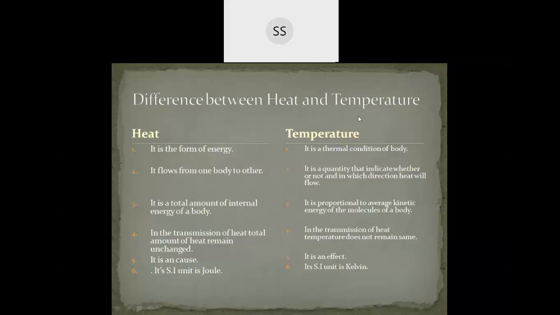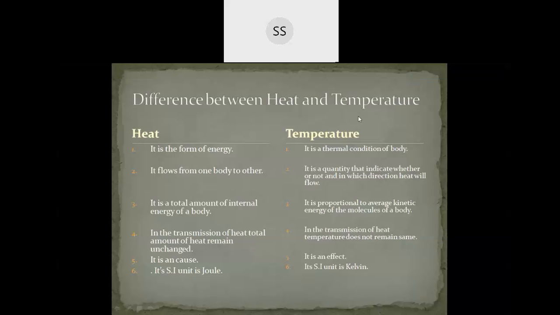The fourth difference is in the transmission of heat, the total amount of heat remains unchanged. See, heat is the total energy, right? So it is the sum of kinetic energy and potential energy. When the kinetic energy decreases, the potential energy will increase, and if the potential energy is decreasing, then the kinetic energy will increase.